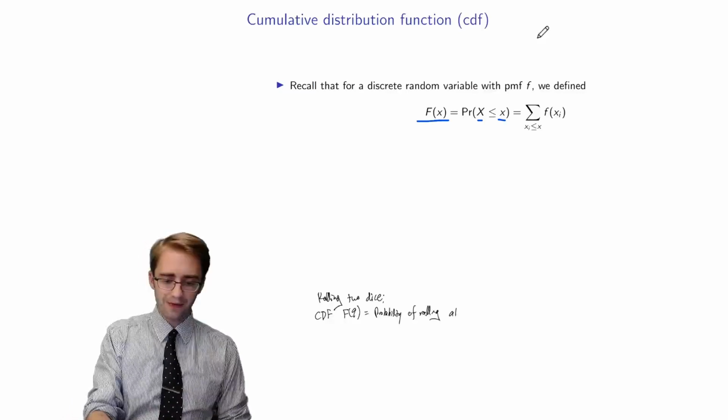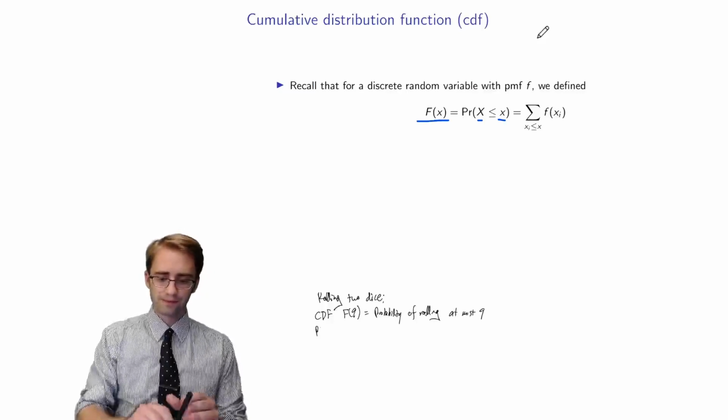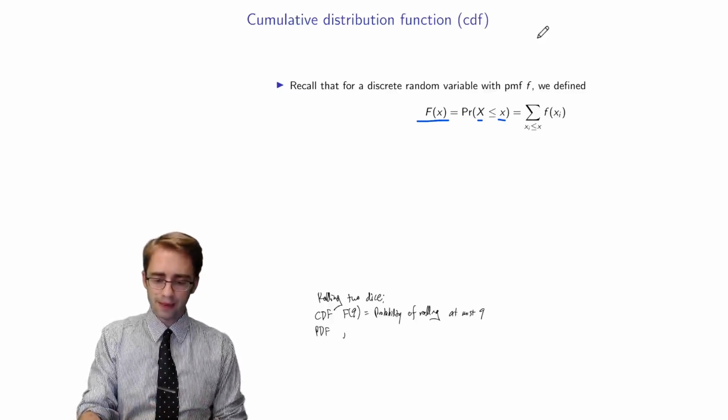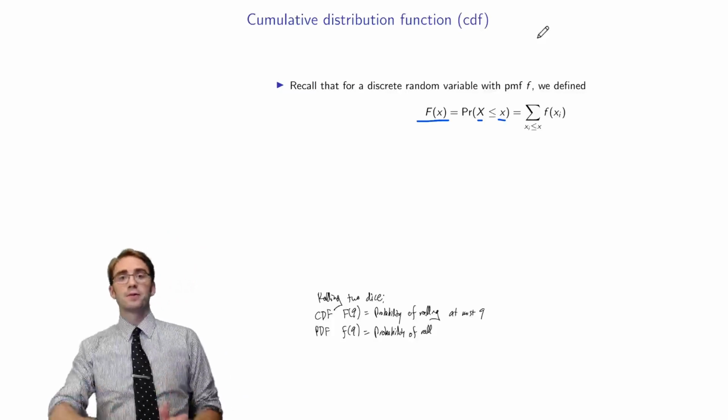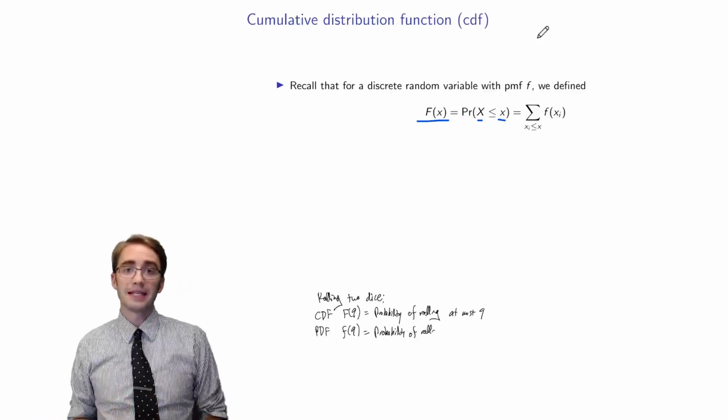And the PMF, little f of 9, is the probability of rolling exactly 9. Okay, that's the difference between the PMF and the CDF.